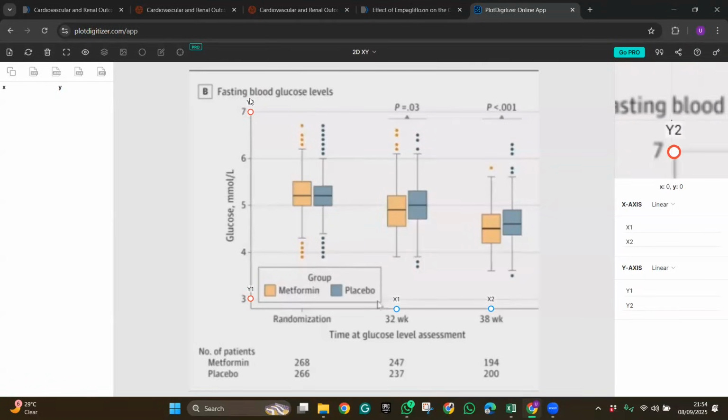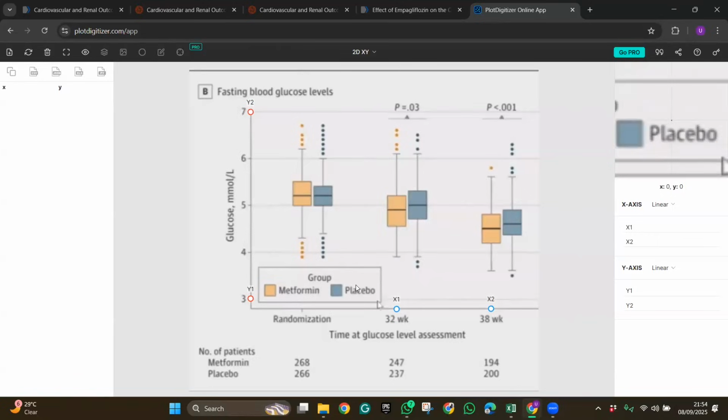So this graph is for blood glucose level, right? And there are two groups. The orange bar graph gives me the values for metformin, and the blue chart gives me the values for the placebo, right? In this graph, both the groups have been represented in the same graph, right?